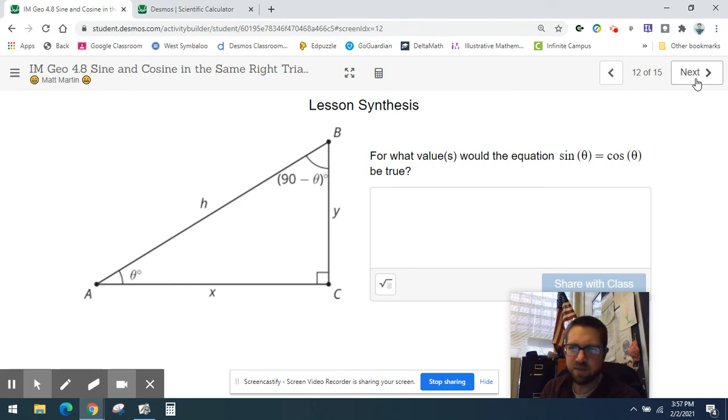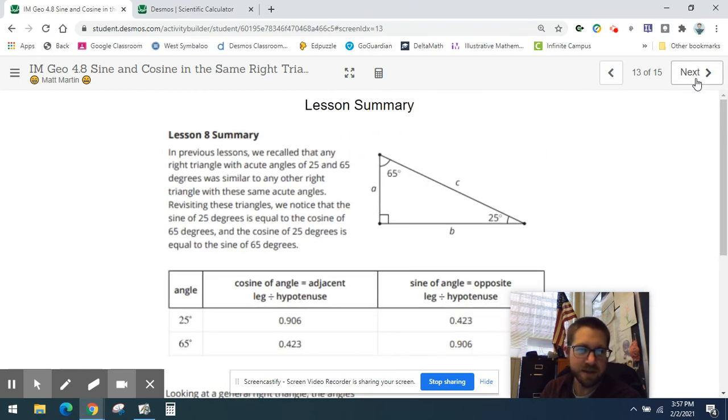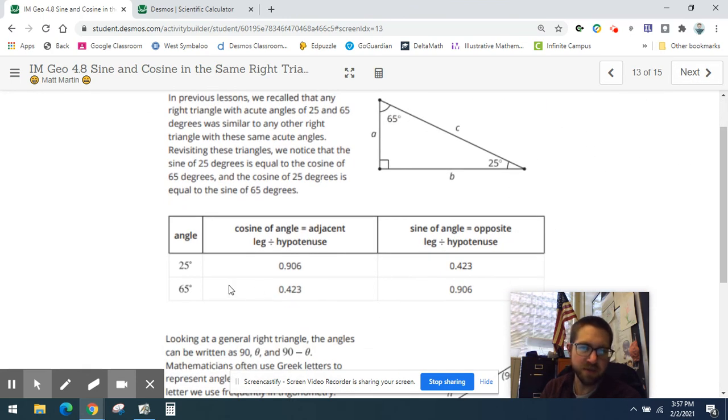Where does this work in practice? Well, we saw this on the table before, right? Like with the 25 degrees and 65 degrees, those angles add up to 90. And we saw previously that the first two values when we were using the table would just swap. The sine and the cosine of those two complementary angles are equal.